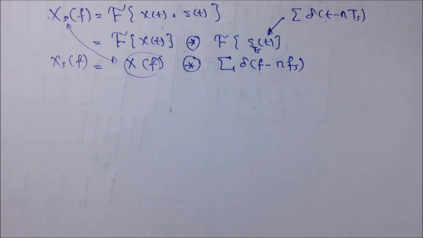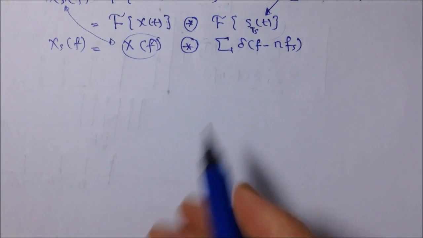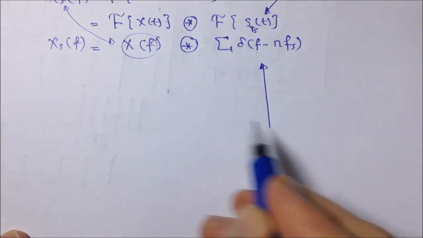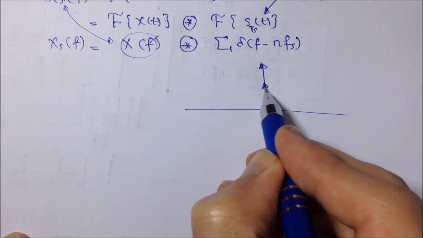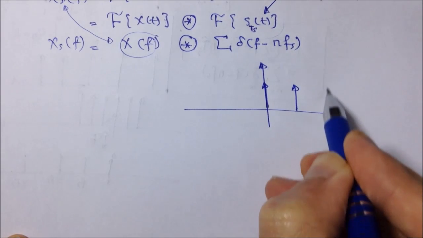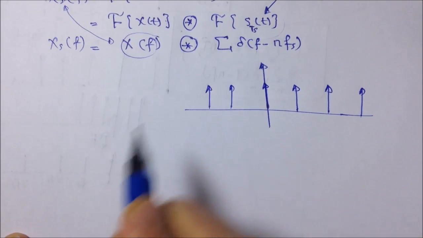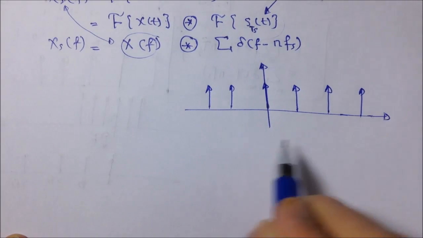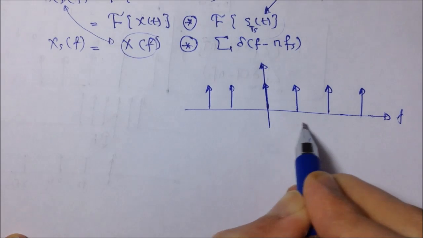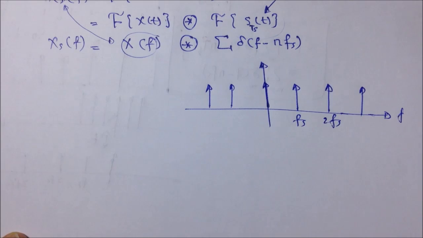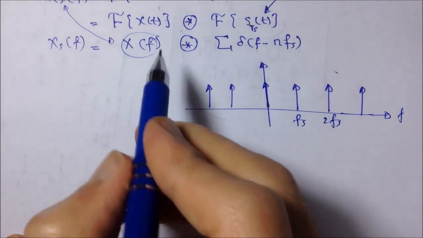One of them is, I'll do it graphically first, and then analytically. Basically, this summation is a series of impulses at this frequency, and fs, 2fs, and so on. So we have to convolve this with X of f.